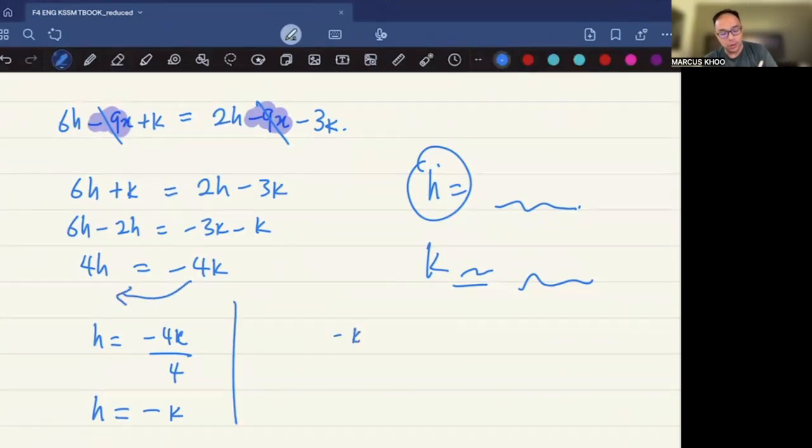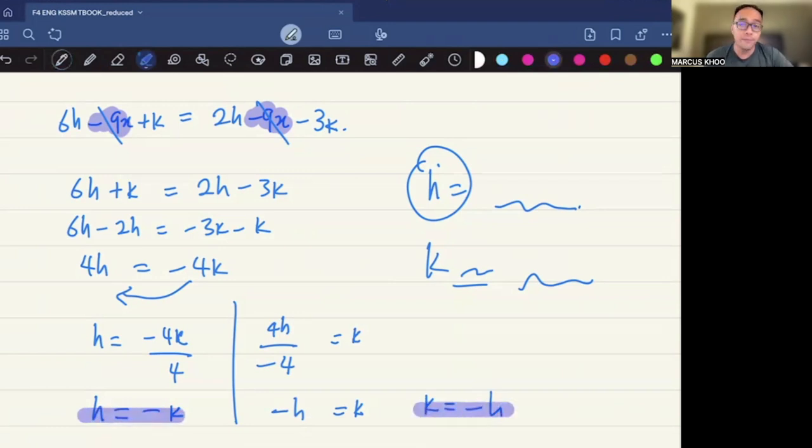So k equals 4h divided by negative 4, which gives k equals negative h. Either one of these answers is correct. Either one is fine. Find the relation between h and k. That would be the answer to this question.